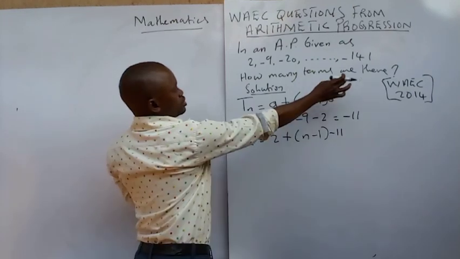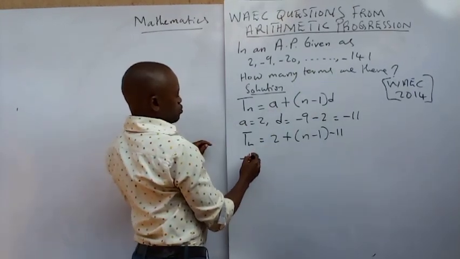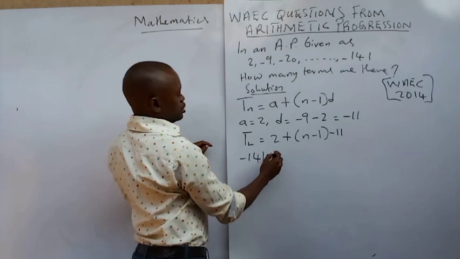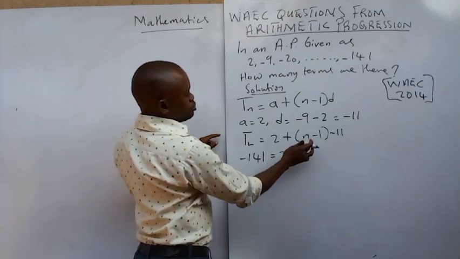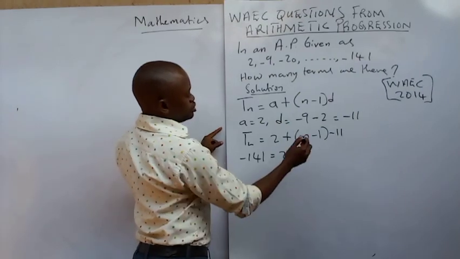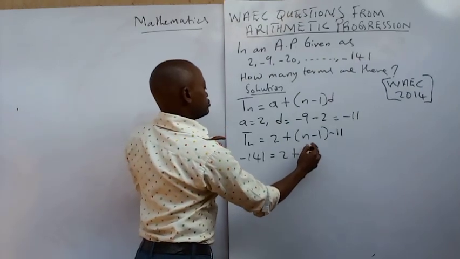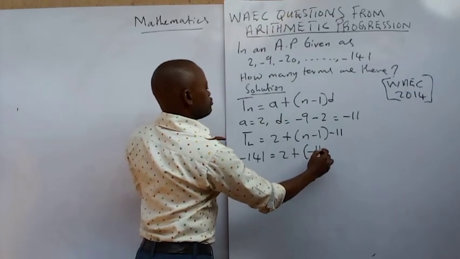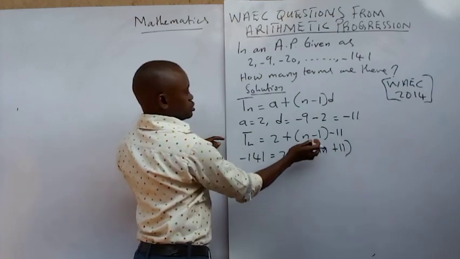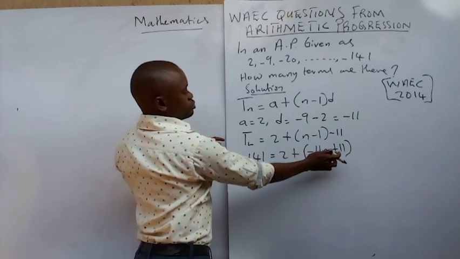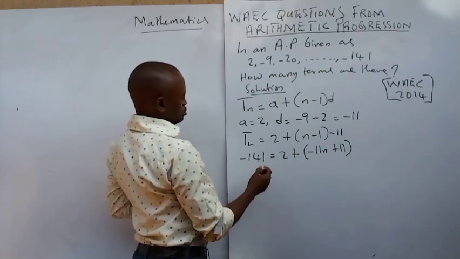So this T last is minus 141, equals 2 plus. Then I'll open this bracket. If I open this bracket, I'm going to have minus 11n, then plus 11, because minus into minus will give you plus.